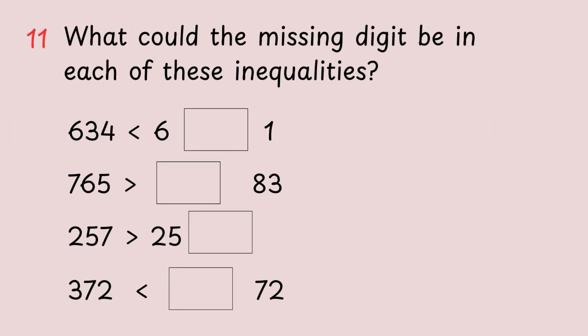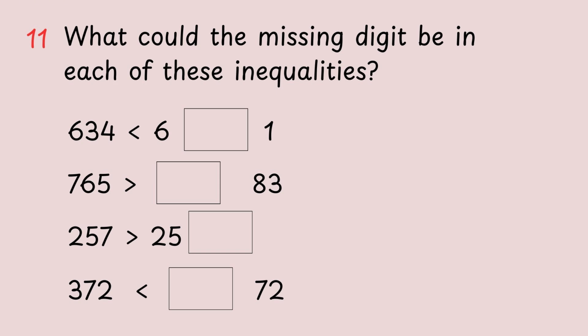Question 11. What could the missing digit be in each of these inequalities? So the first one is 634 less than 6 blank 1. So you can write any number that will give bigger than 634. The second one is 765 greater than blank 83. So also you can put any number that will give smaller than 765.